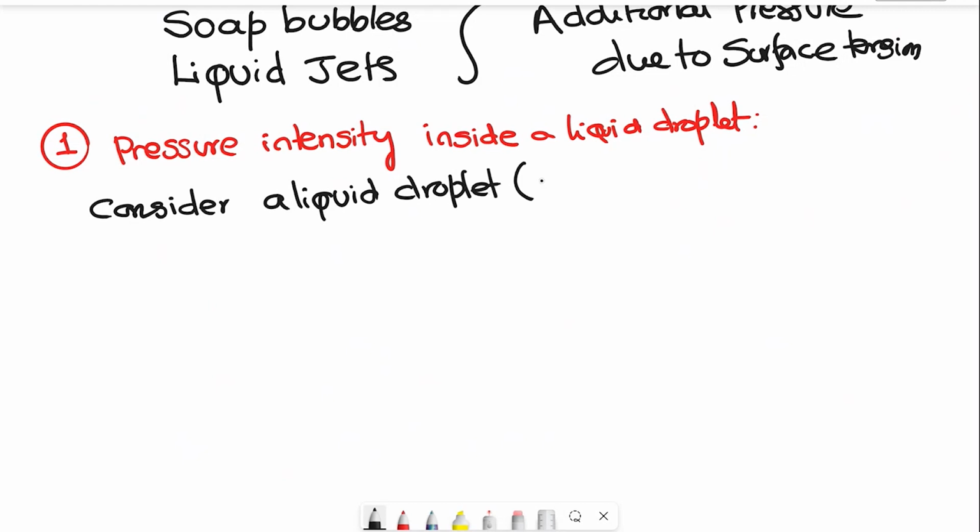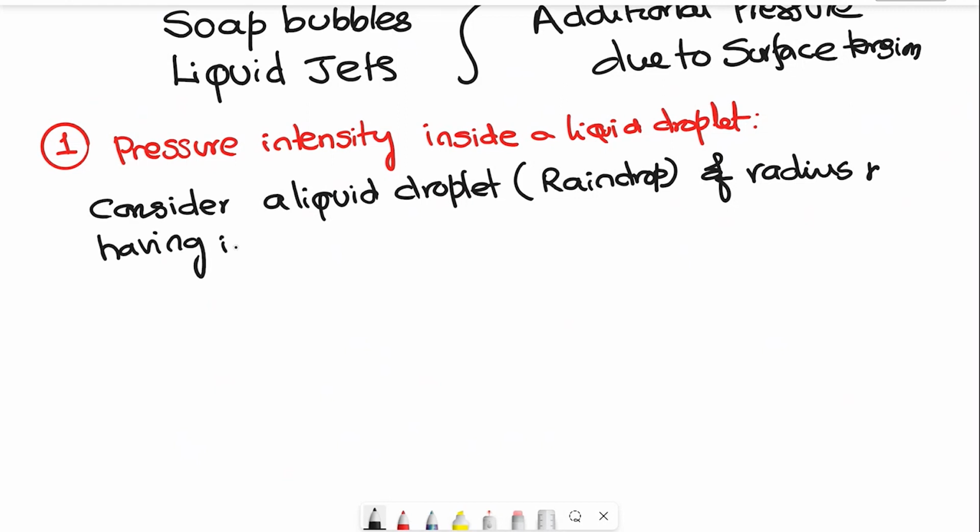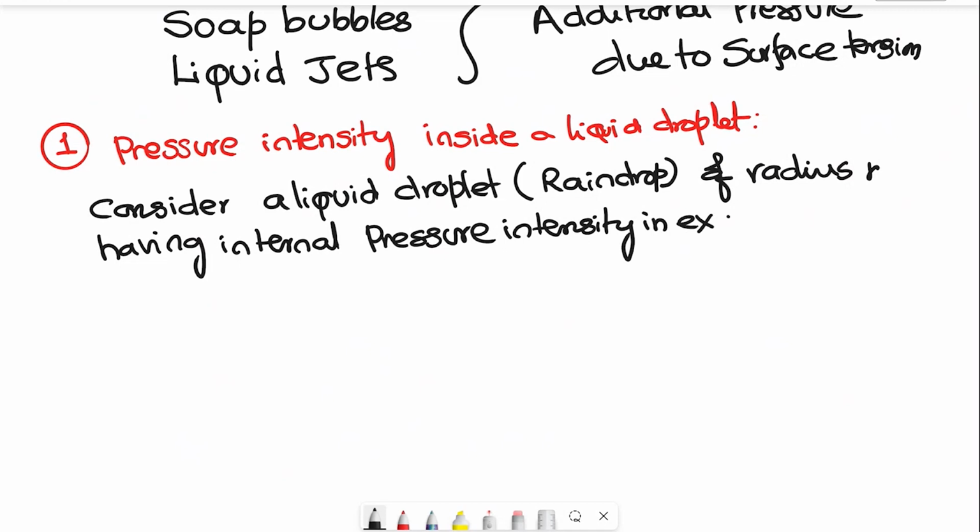You can take it as a raindrop of radius r having internal pressure intensity in excess of outside pressure.